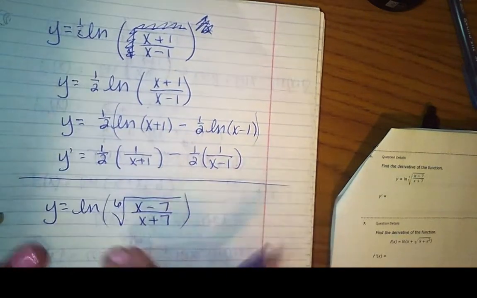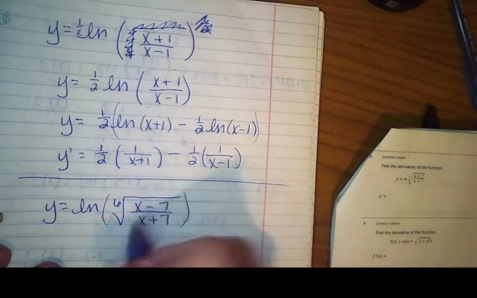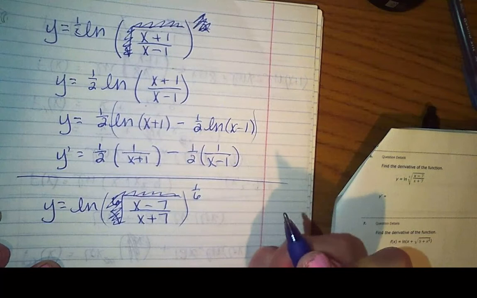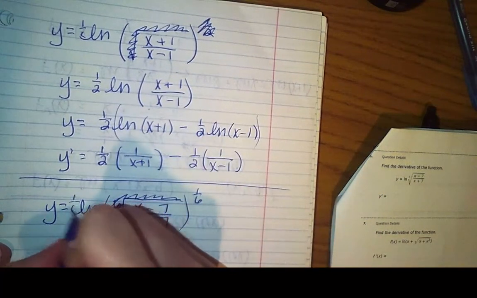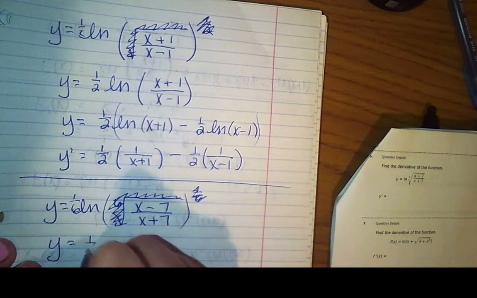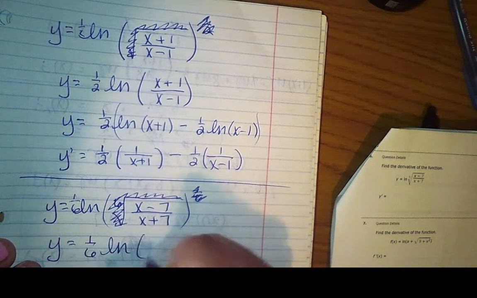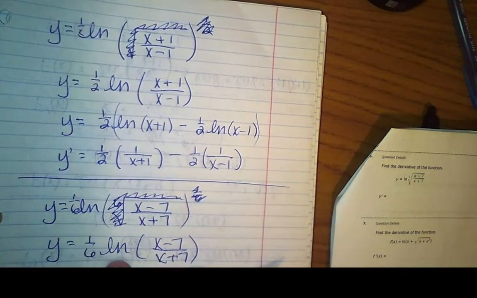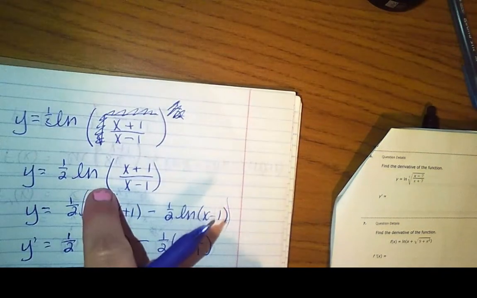Okay, so first thing I want to do is get rid of that 6th root, and I'm going to use it as a 1/6. And then because I'm in log world, I'm allowed to drop that out front as a coefficient. So this thing cleaned up now says 1/6 times the natural log of x minus 7 over x plus 7. All right, so on this one, I carried along the 1/2 for each term.